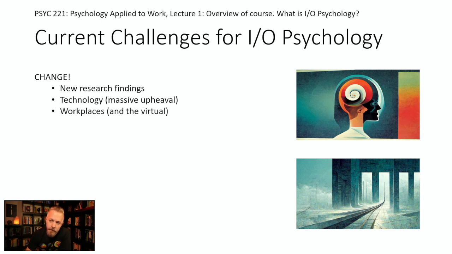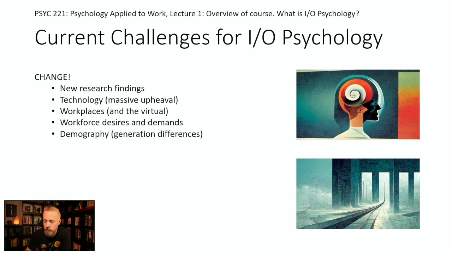So workplaces are changing. Remote work is growing substantially. The desires and demands of people in the workforce are changing. Demography, there's been change across generations. Diversity: it wasn't that long ago that there was a major gender imbalance across almost all jobs, and some jobs were basically a complete monoculture.